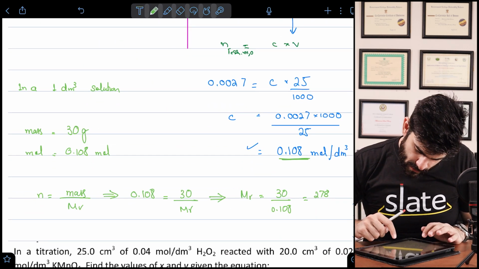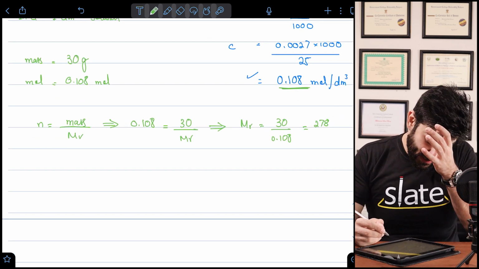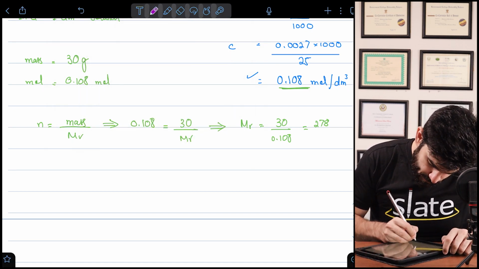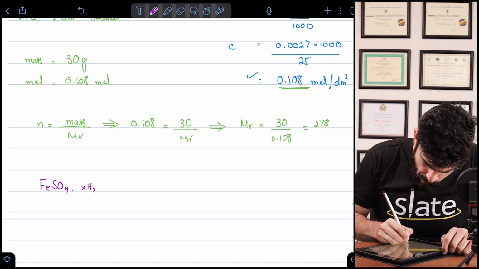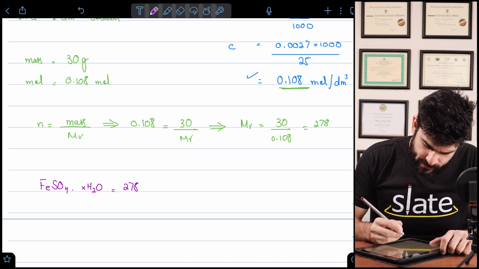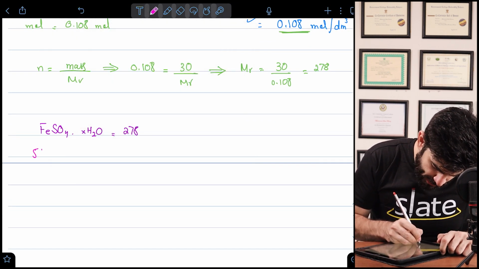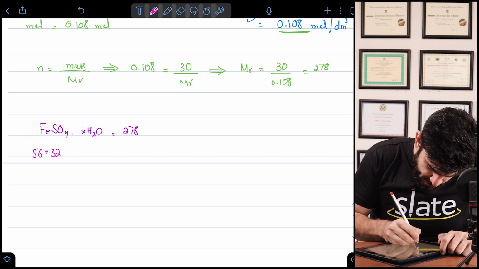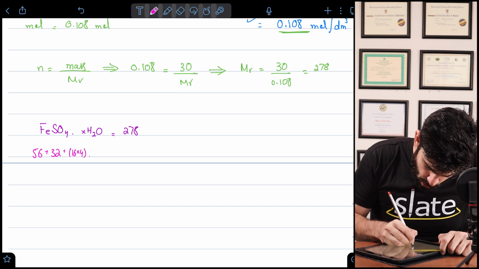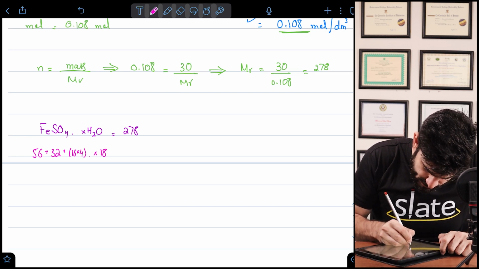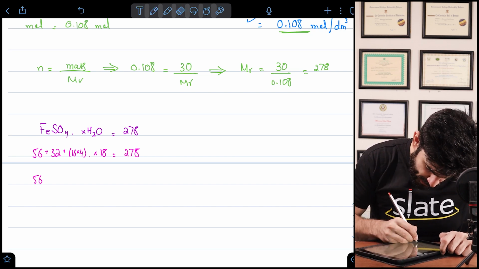Our next step would be, wait a second, using this MR value against the salt. This is iron sulfate xH2O equals 278. We know the MR value. So we know that the MR of iron is 56, that of sulfur is 32, oxygen is 16 into 4, dot water altogether is 18. So 278. So this is 56 plus 32. Let's add it here.